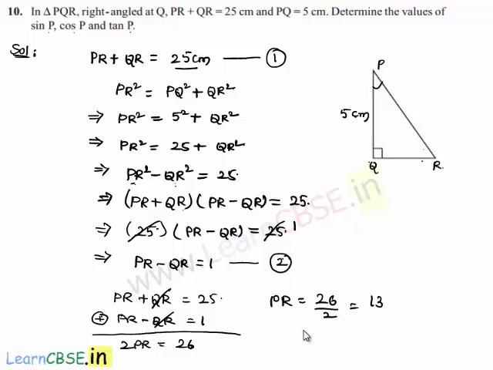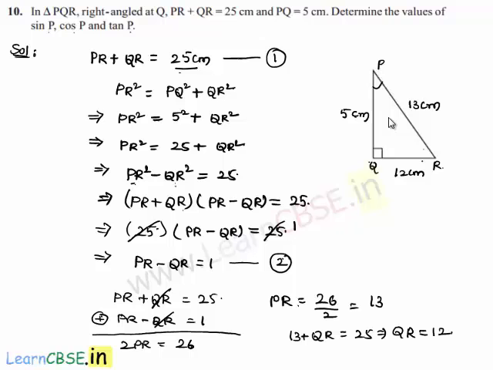Similarly, we get the value of QR by substituting PR in equation number 1, that is 13 plus QR is equal to 25, which implies QR is equal to 25 minus 13, that is 12. So here we got the values of QR, that is 12 centimeters, and PR as 13 centimeters.